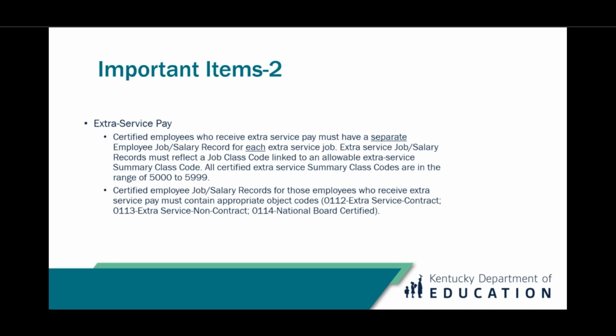So you can't just lump 3 or 4 different extra service pay positions into one extra service pay position. KDE wants you to have those, and for reporting purposes, they each need to have their own separate pay record. And certified employee job salary records, those employees who receive extra service pay, must contain the appropriate object codes. So you want to use 0112, 13, or 14.